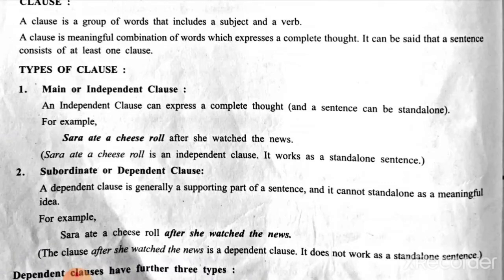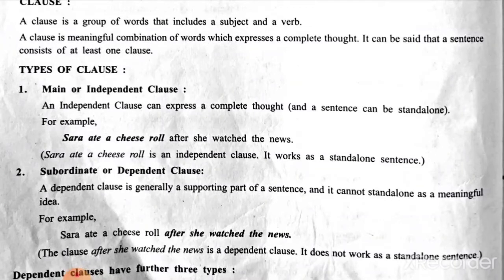And in that too, there are two types of clause, main or independent clause, subordinate or dependent clause. Okay, the sentence that is not dependent on another, so that is main and independent. Okay, so first is Sarah ate a cheese roll after she watched the news.